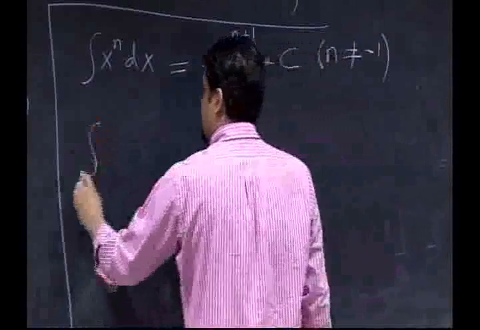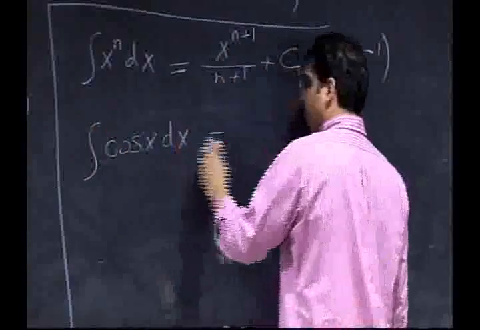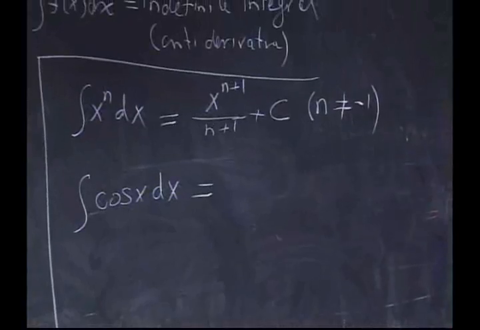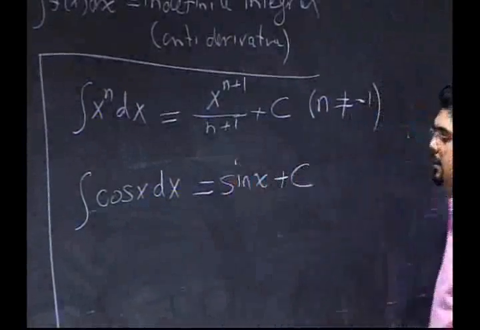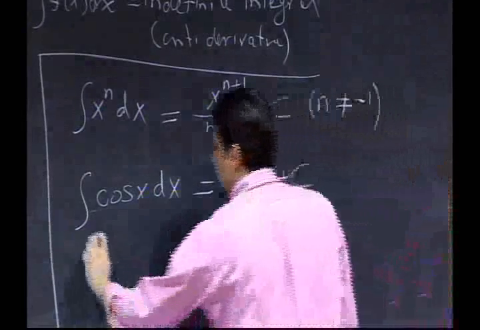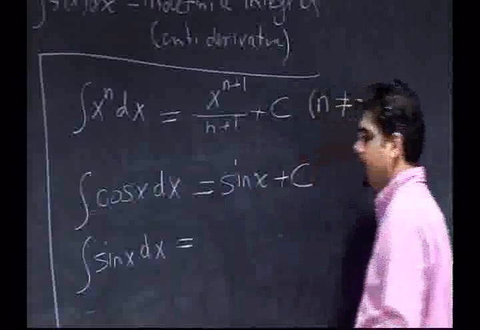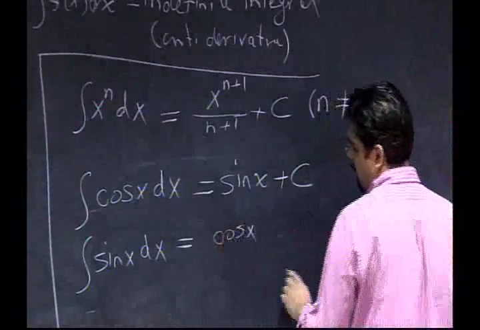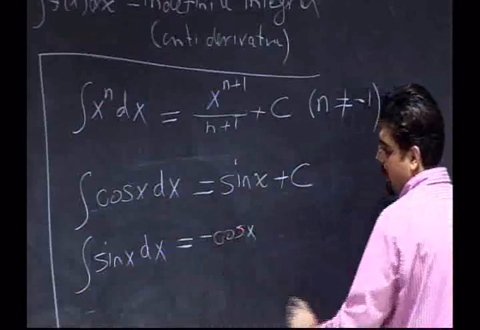Okay. How about this one? We need a function whose derivative is cosine x. Sin x. We want a function whose derivative is sin x. If we put cosine x, the derivative of cosine x is negative sin x, right? So to offset that, we need a negative here.